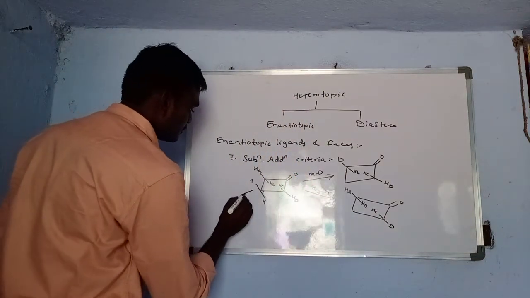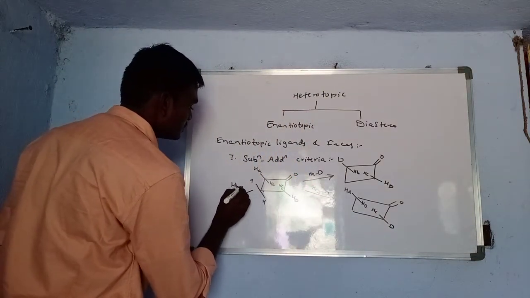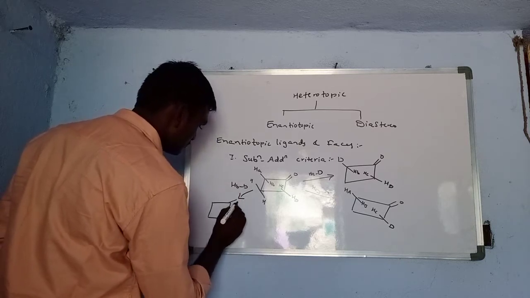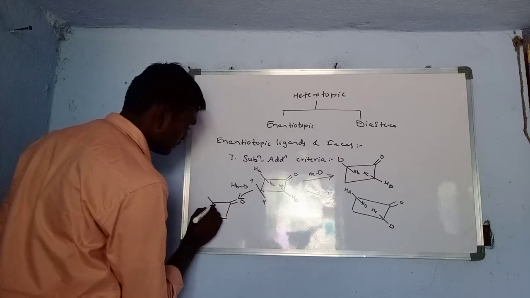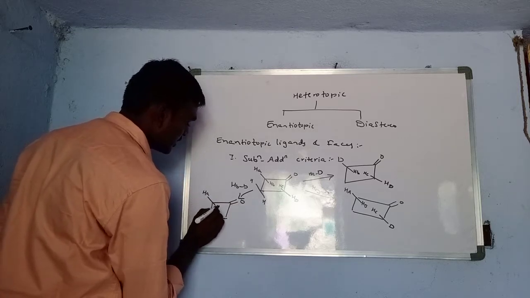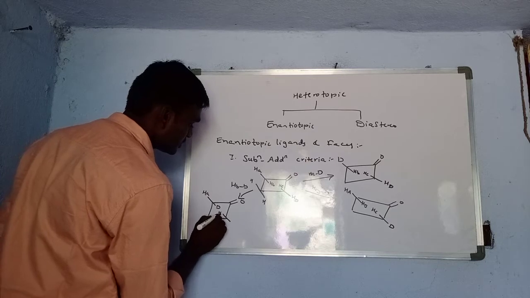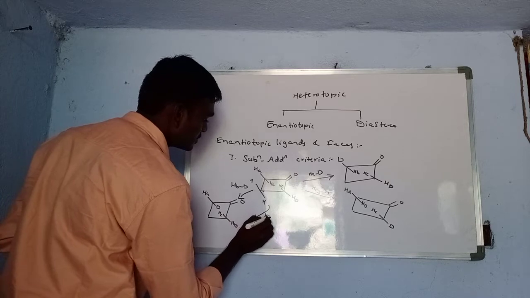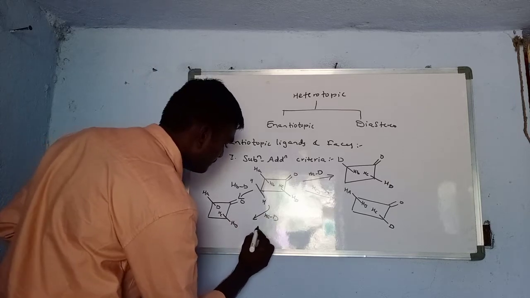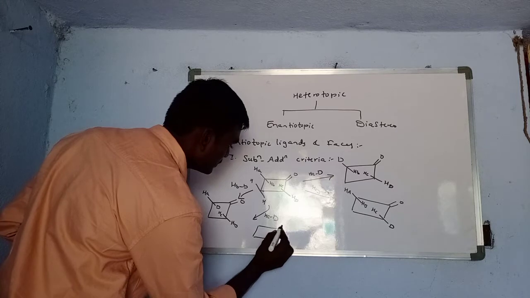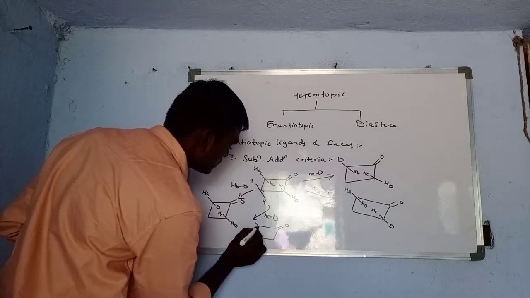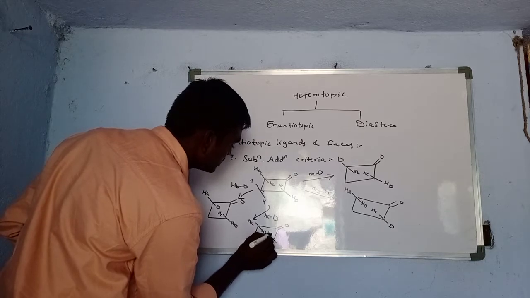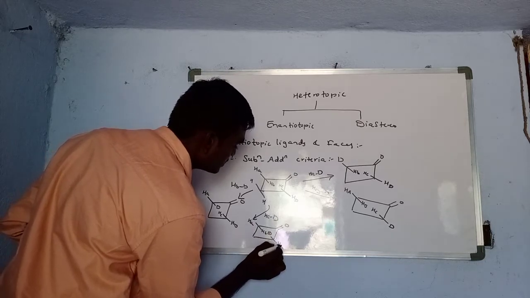In the same way, if you are replacing HB with deuterium, here HA and deuterium, here HC and HD. In the same way, HC is replaced by deuterium, it will produce this. Here HA, HB, and deuterium. Here HD.